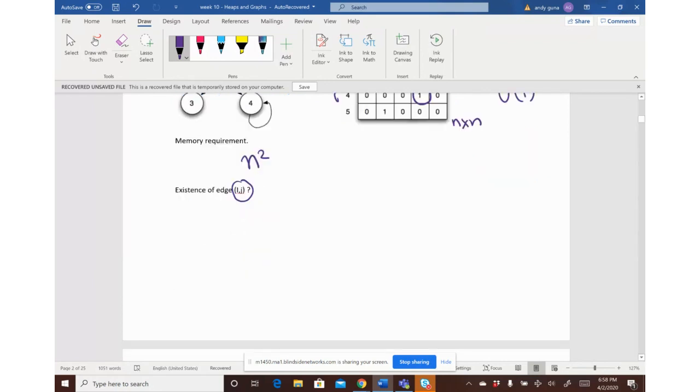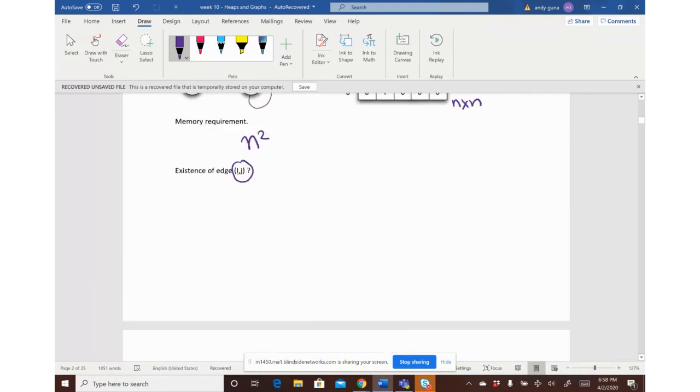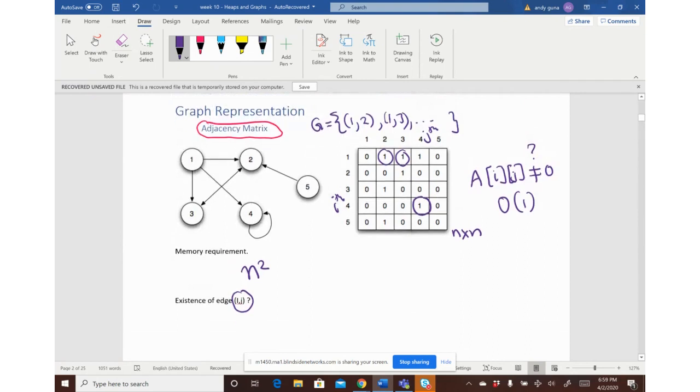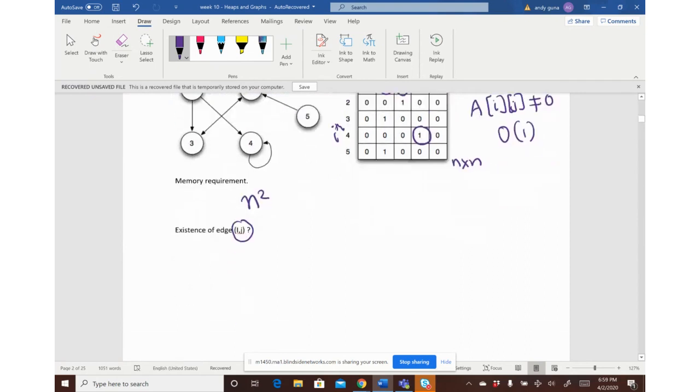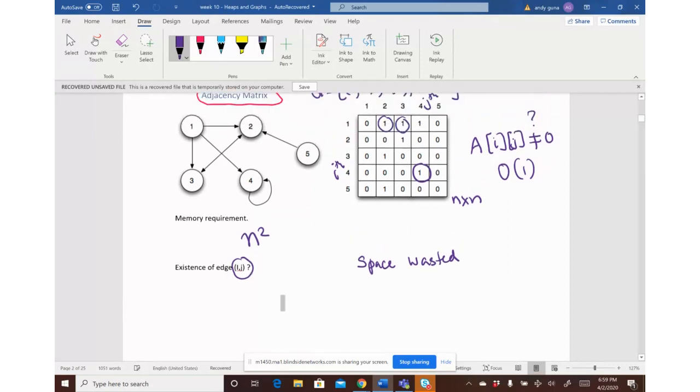Okay, now I think the problem with this approach is that a lot of space is going to be wasted. Space is wasted because if you look at this matrix, we have 5 rows and 5 columns.